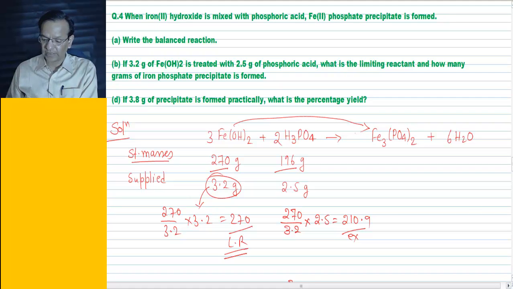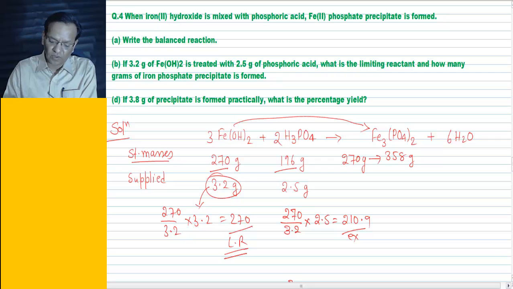So molar mass of product will be 95 for phosphate into 2, 190, 56 into 3 for iron plus 190, so it is 358 gram. And this is from 270 gram of ferrous hydroxide.